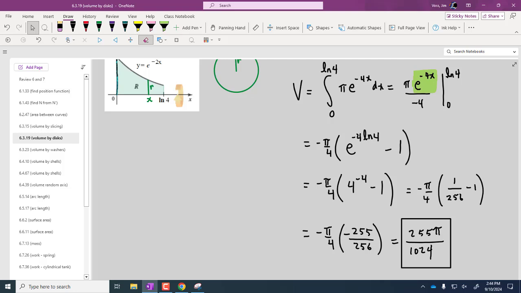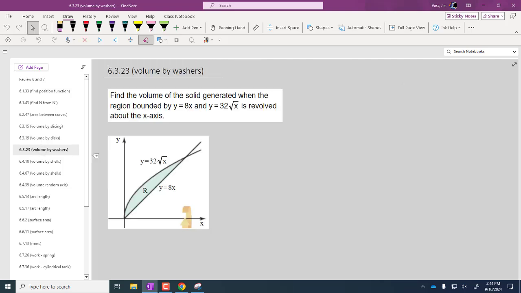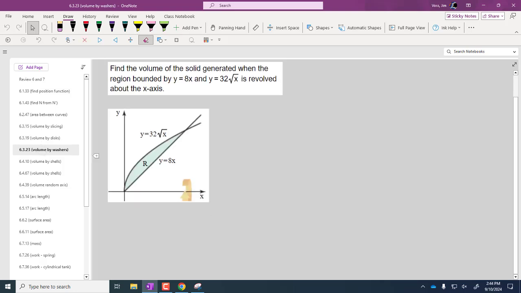All right, let's do a washer then. So here we have a function that is kind of curved, a square root function. And we have a line, and they intersect and create this region.